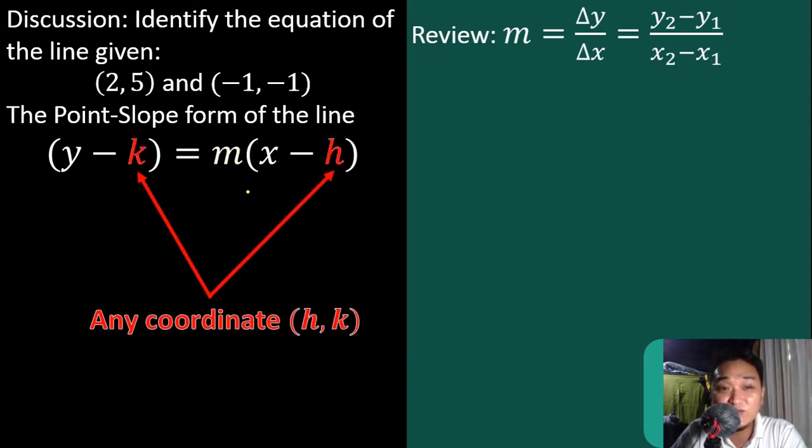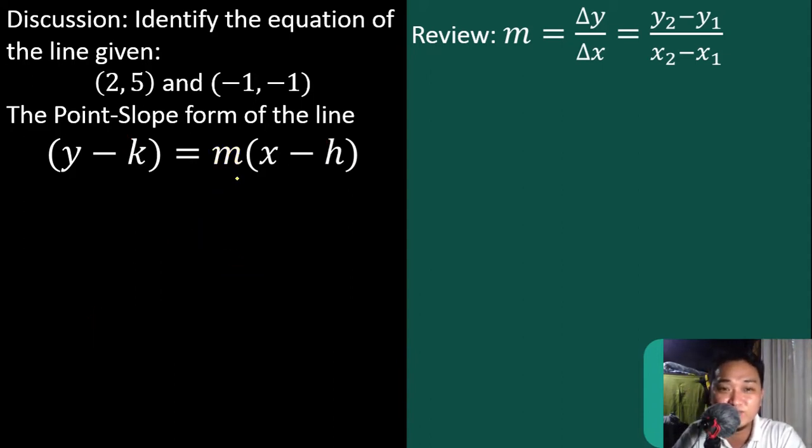At saka yung kh or yung hk natin, siya yung ating hk coordinate. Sa ibang books po, mas prefer nilang gamitin yung x sub 1. Tsaka dito naman, mas prefer nilang gamitin yung y sub 1 para for the reason na para hindi daw nalilito yung mga estudyante natin. We can make use of that.